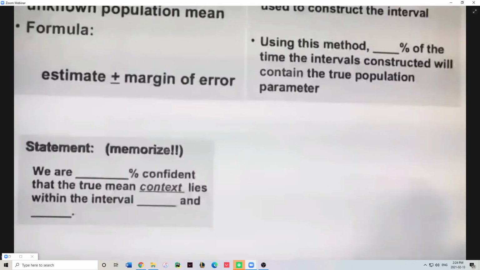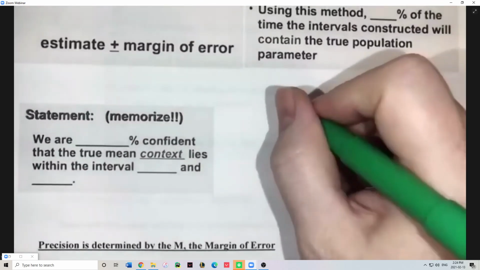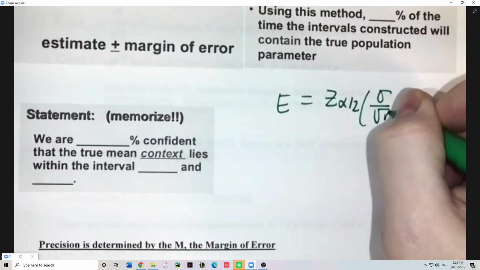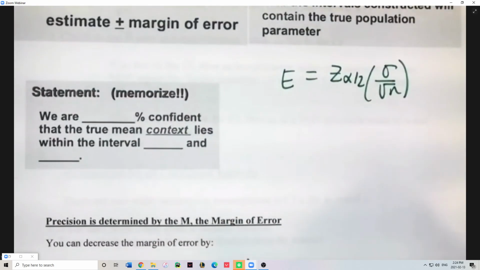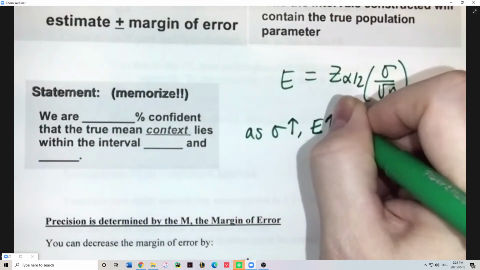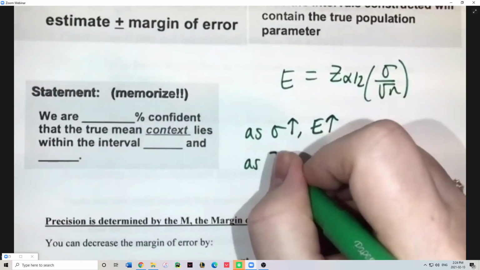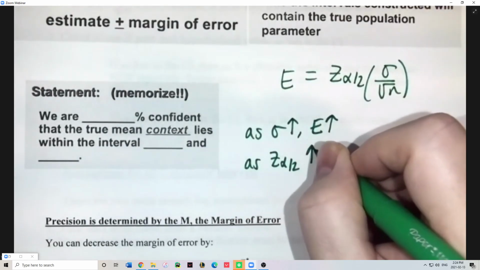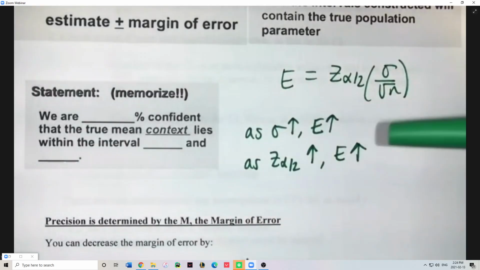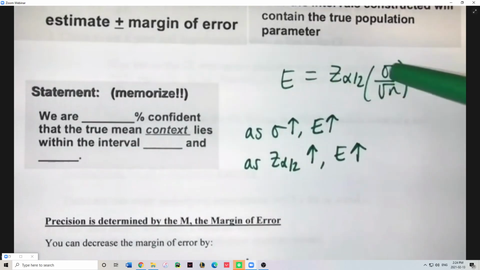In terms of the formula, the margin of error is critical Z times sigma over root n. A few observations: as sigma increases, E increases. As the critical Z increases, E increases, because the critical Z and sigma are both on the top.